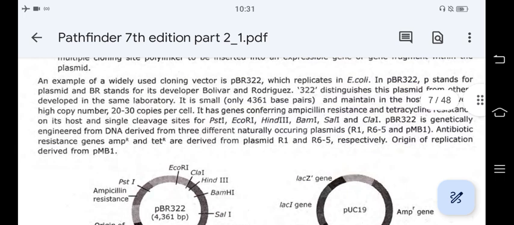It is small, and maintained in the host at a relatively high copy number, 20 to 30 copies per cell.